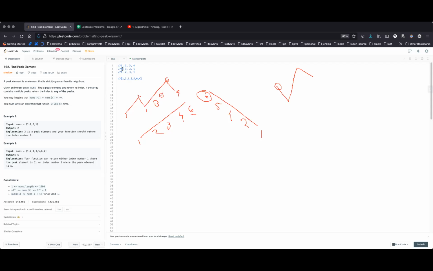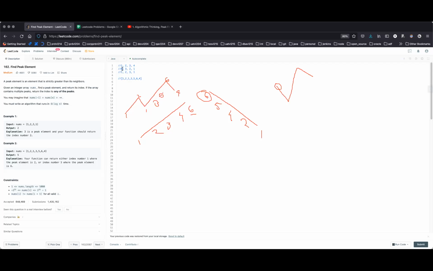I think we never found an element bigger than 6 while iterating through the array, and they say that you could just return any peak. It doesn't have to be the highest peak.